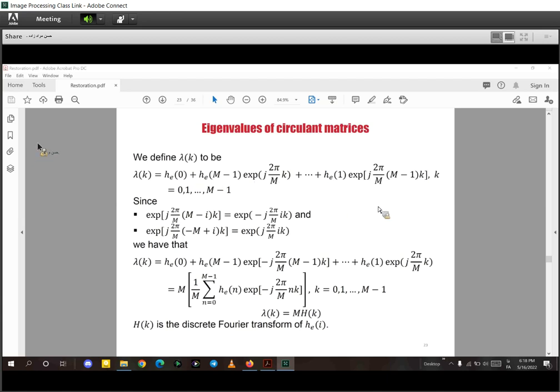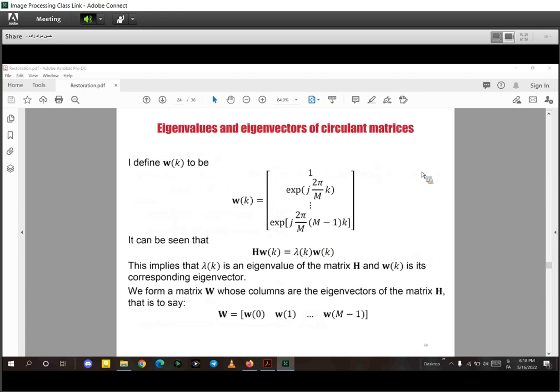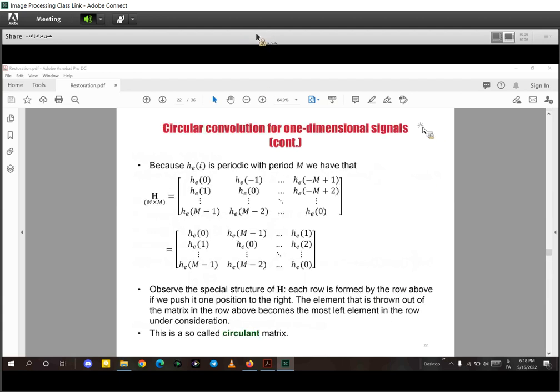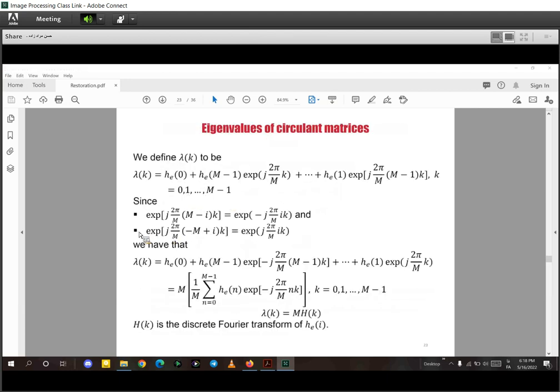Okay, here this is 1 and where is it? Here, for example, k from 0 to m minus 1.